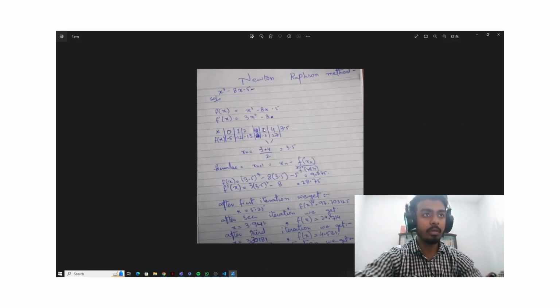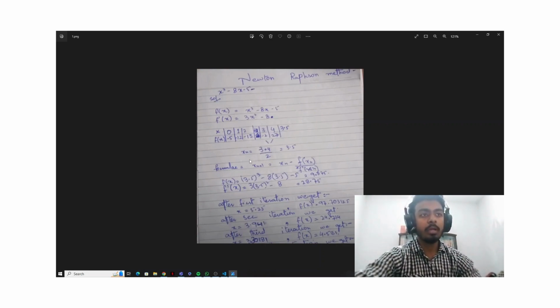As you can see, at x equal to 3, f(x) is equal to minus 2. Afterwards, when x is 4, the value of f(x) is going to be 27. So here is the point where the sign is changing.